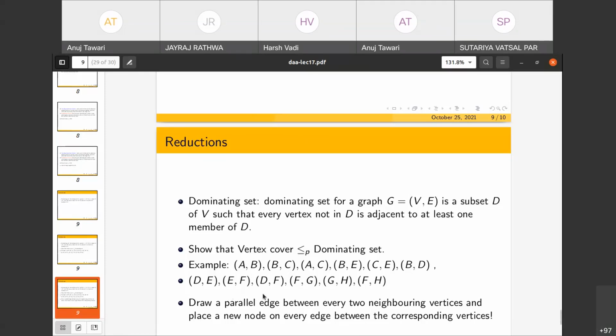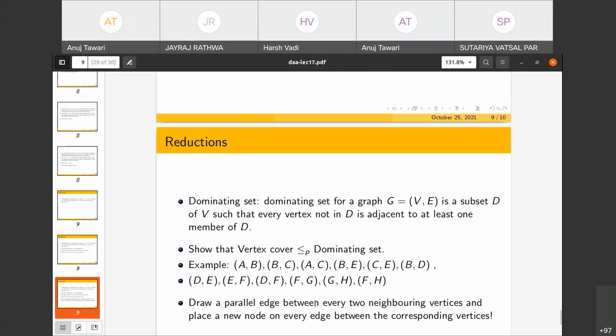So what's the point of constructing this parallel edge is that for every new node, if you place a new node on every edge, let's say I had placed a node AB on this edge from A to B, then I can't pick AB in my dominating set, because otherwise this parallel edge from A to B will remain uncovered.